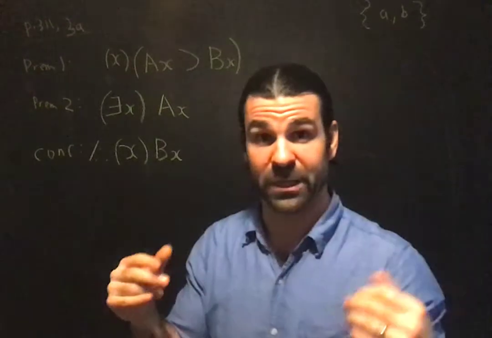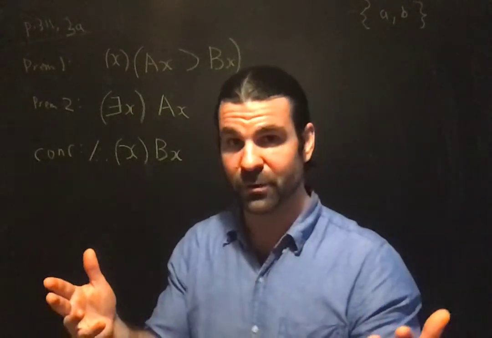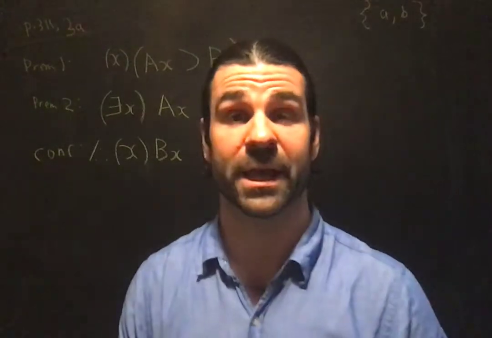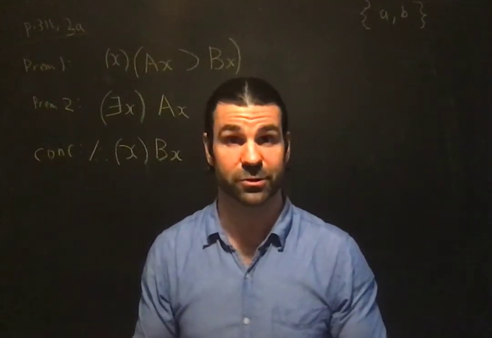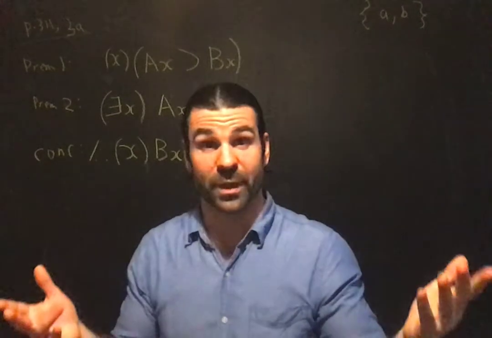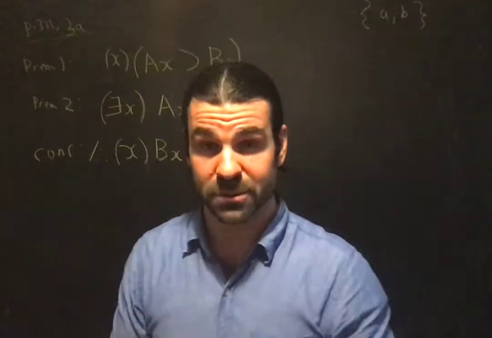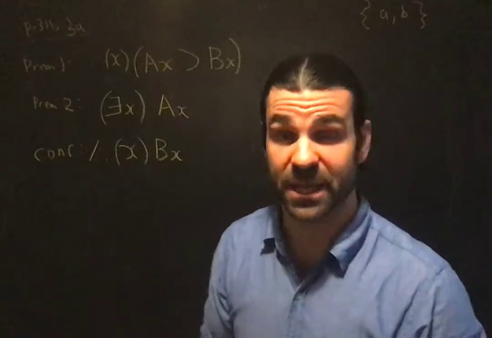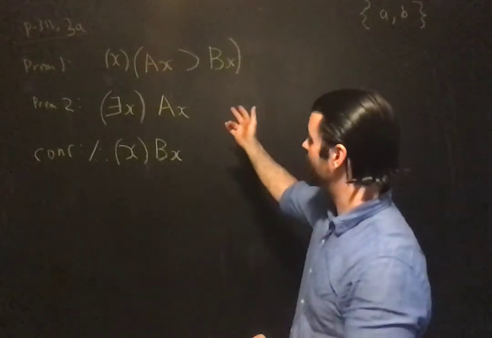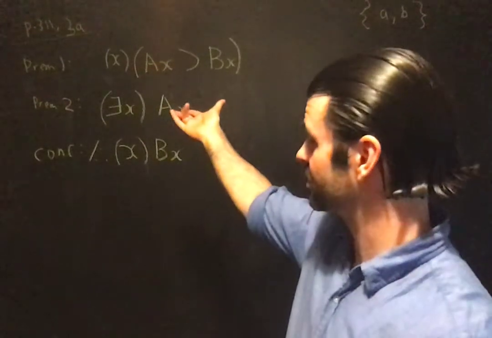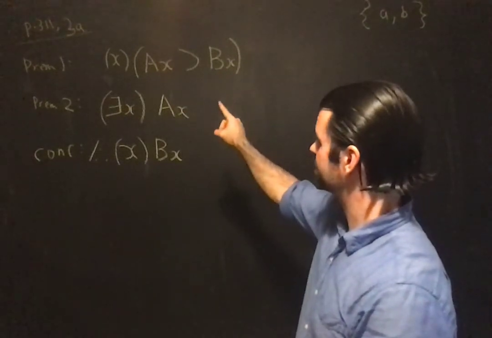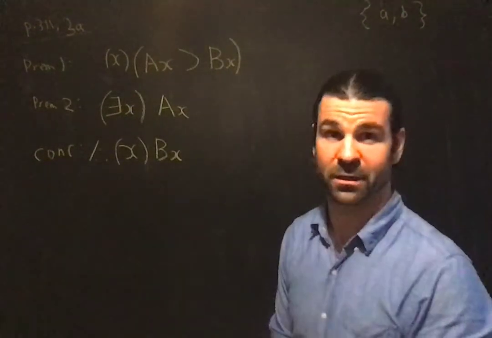Okay, so a universal statement tells you that the propositional function is true of every individual in the domain, right? So when you've got a domain of, say, 2 individuals, this premise 1 says, for every x, if x is A, then x is B, right?